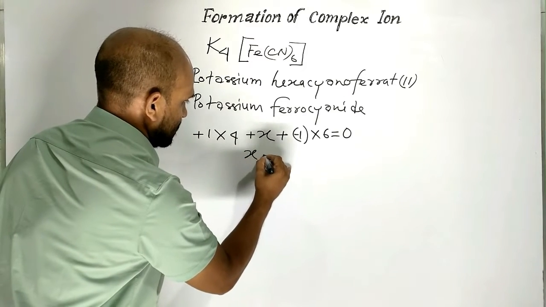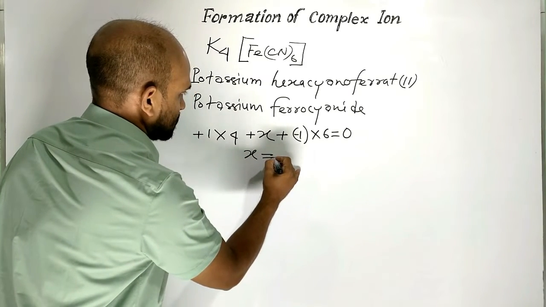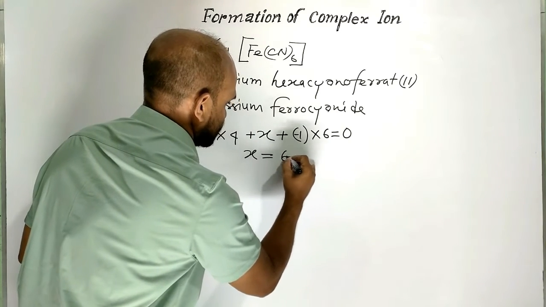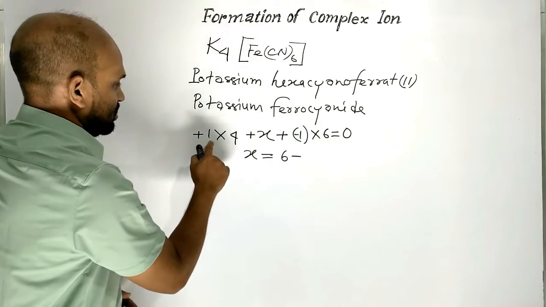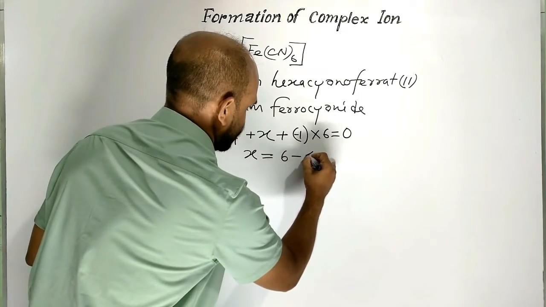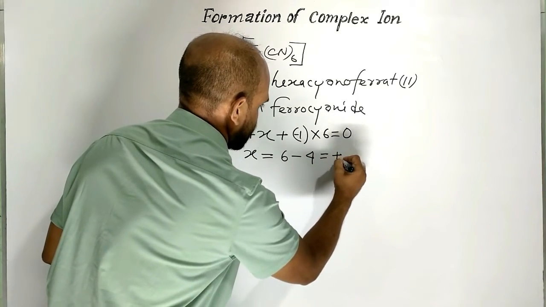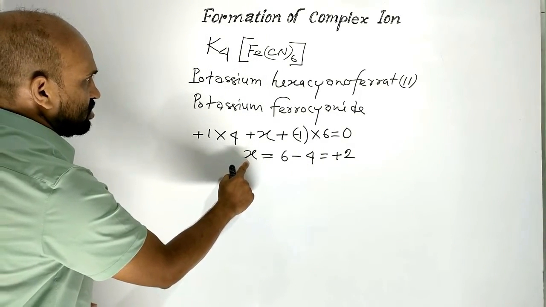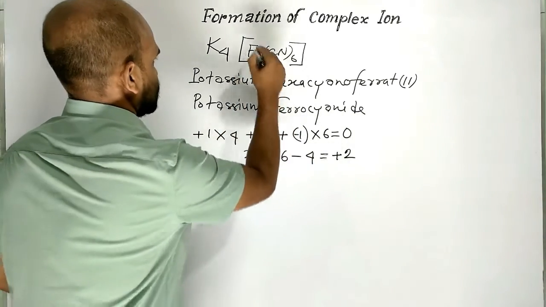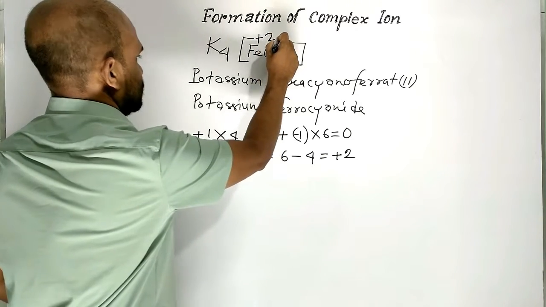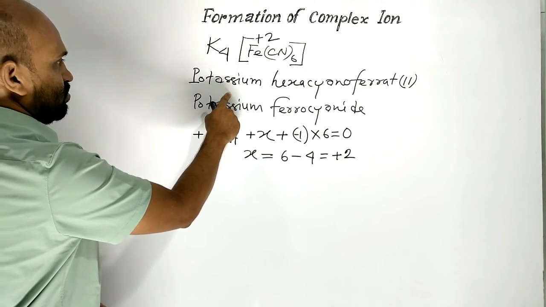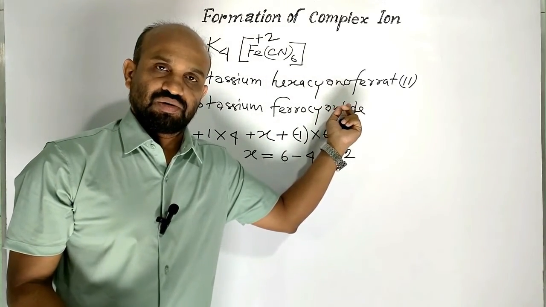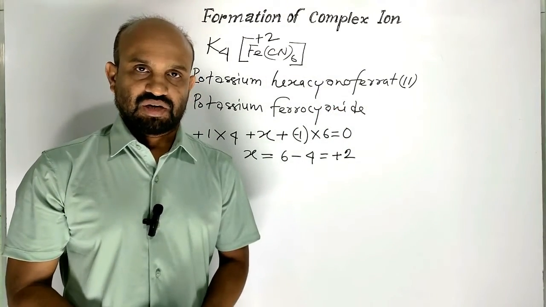Here X is equal to minus 6 will be plus 6. Here plus 4 will be minus 4, that is plus 2. So oxidation number of iron is plus 2. That is why this is potassium hexacyanoferrate 2, potassium salt of complex ion.